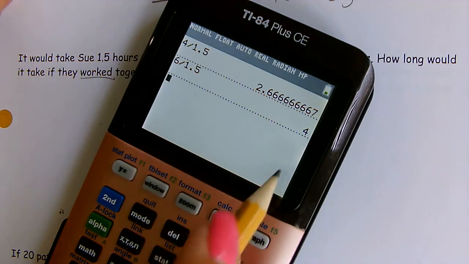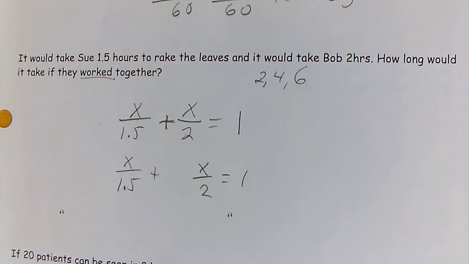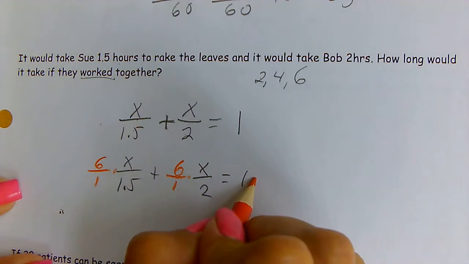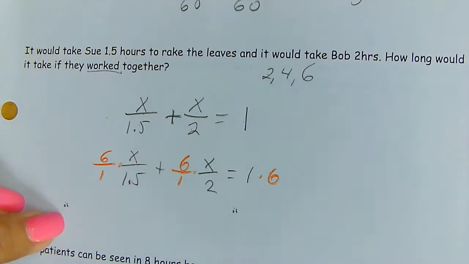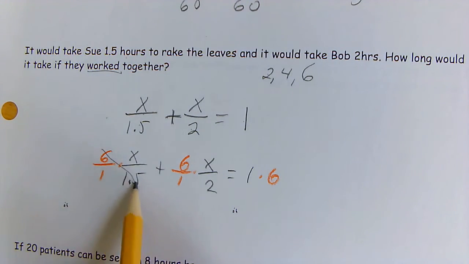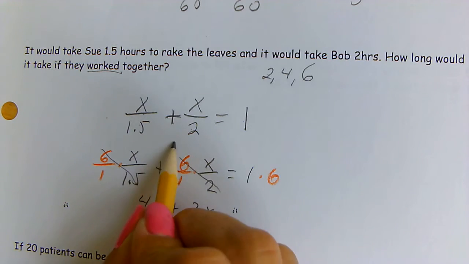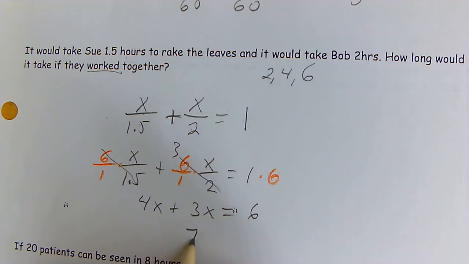It goes into 6 four times. So 6 is my lowest common denominator. Let's multiply everything by 6, and don't forget the 1. So this was already 4x plus 3x equals 6, 7x equals 6.